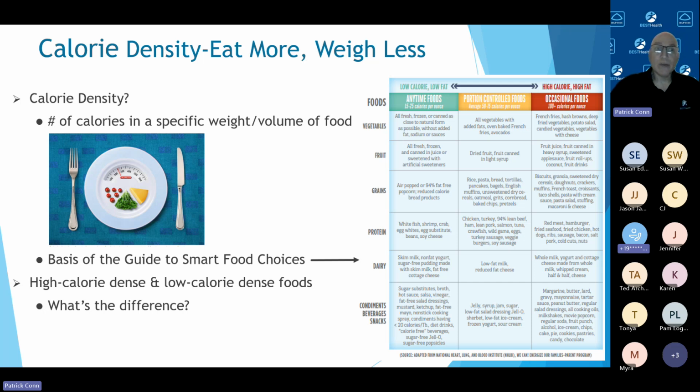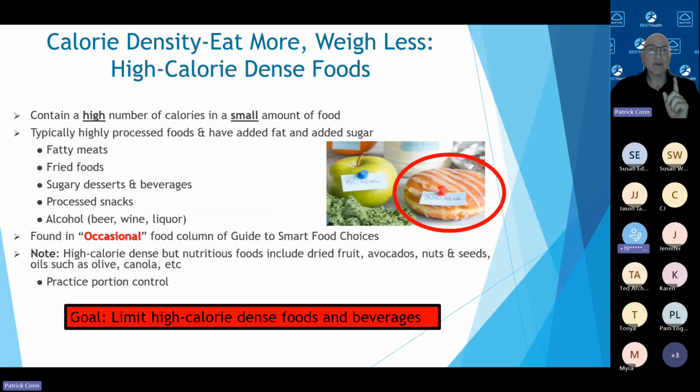All right. Now, what we want to do is see the difference between high calorie dense foods and low calorie dense foods. So let's look at the difference. Let's specifically look at the high calorie dense foods. These are the ones that contain a high number of calories in a small amount of food.